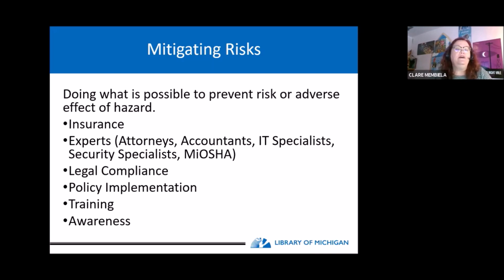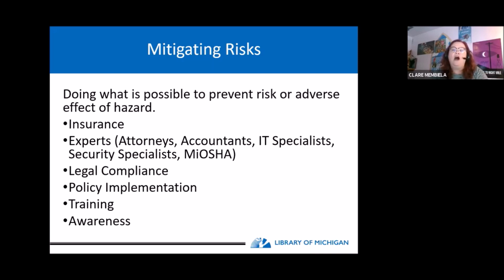So some of the common mitigation things are things like insurance, having a good relationship with certain experts. And this can differ, again, depending on the risks that are most likely for your library. Always your attorney, right? Always your attorney. Because sometimes you have a question about, well, we only have so much money and we can only do certain things.